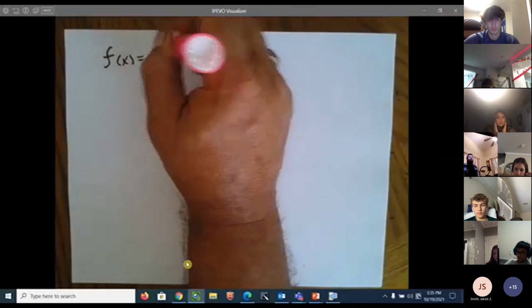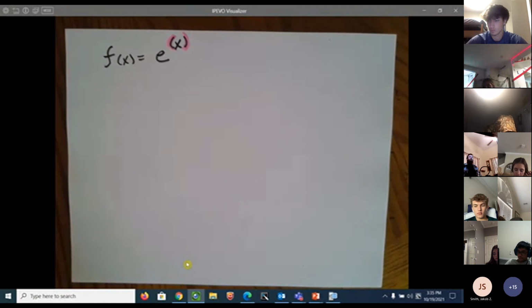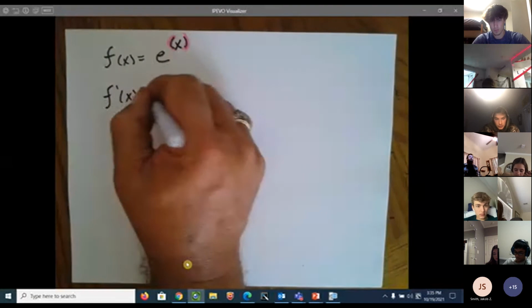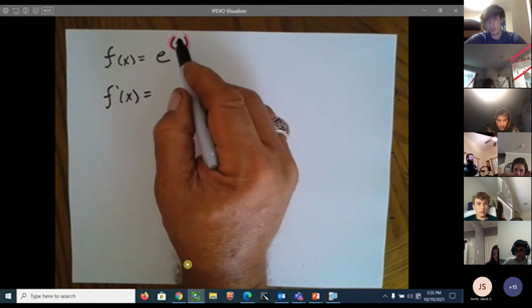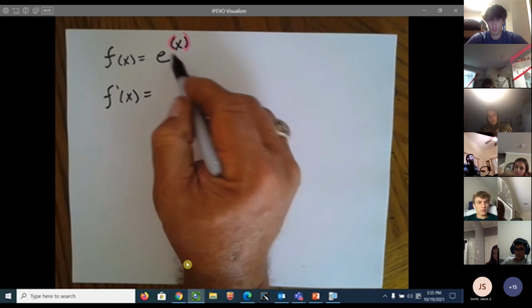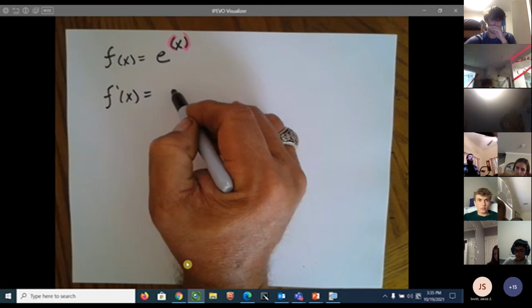Now, the derivative of any e to the x is going to be that e to the x. But they forget to tell you f prime of x is going to be equal to whatever this is. If this is negative e to the 3x, then you're going to put negative e to the 3x here. Whatever this is, it's just going to come right down.